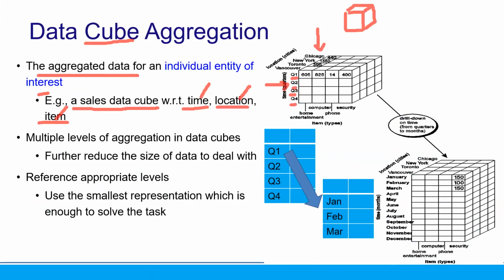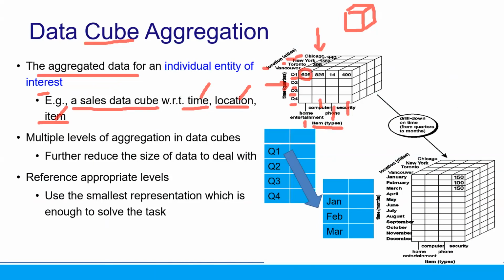Cities, let's say Chicago, New York, Toronto, Vancouver. And item, let's say home entertainment, computer, phone, security. Maybe the security is about the security product. Okay.